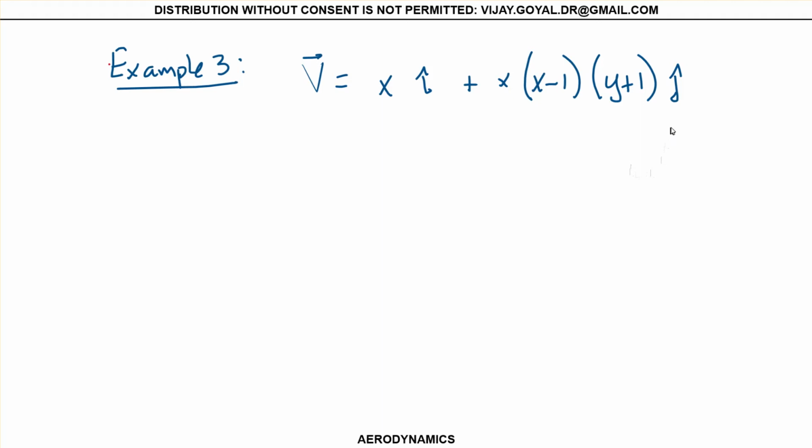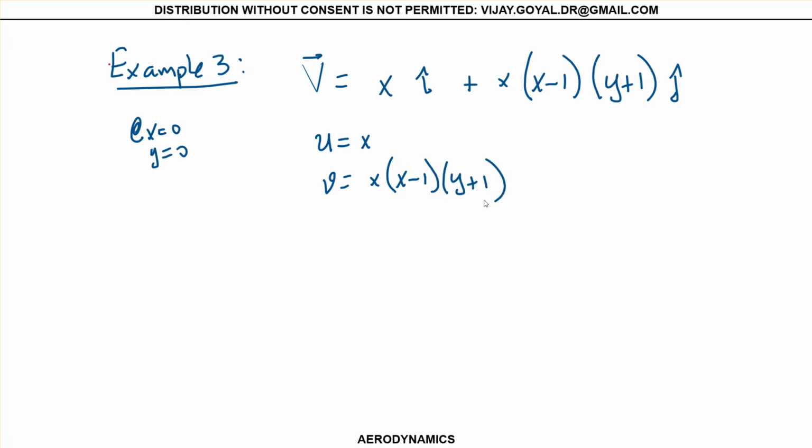And for the velocity field, we are saying, find the streamlines that happen at x equal to 0 and y equal to 0. Okay, that's the streamline at that value. Before I start, again, your u is equal to x, your v is equal to (x minus 1) times (y plus 1).